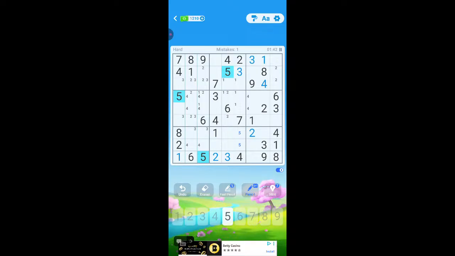Well, that's not a fucking 5, is it? Which means this is a 5.